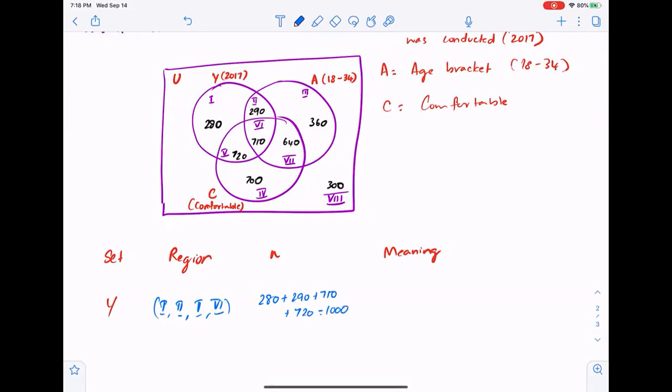We'll get 1,000. The meaning one can write it in any way. I am going to call it the number of respondents in the year 2017.